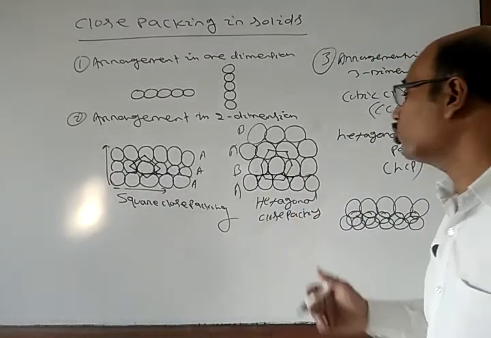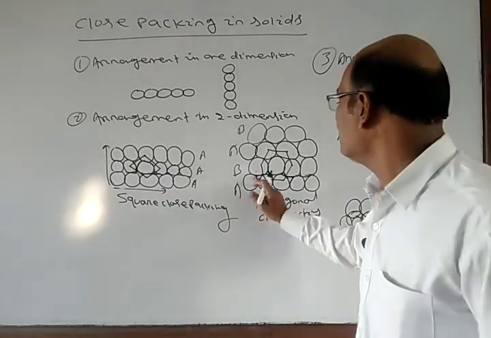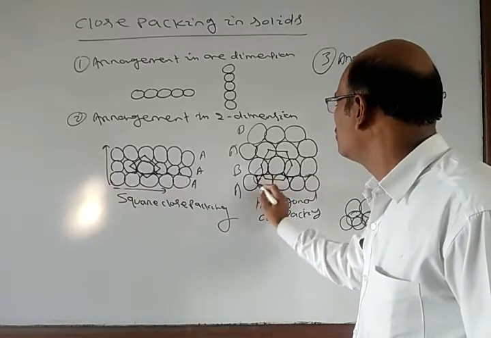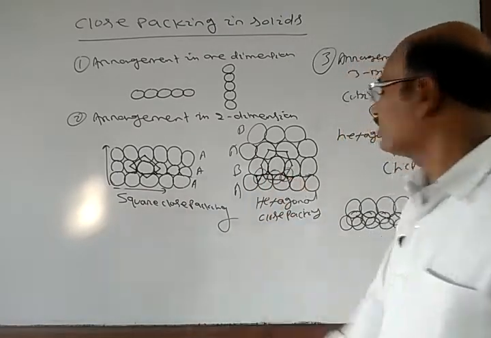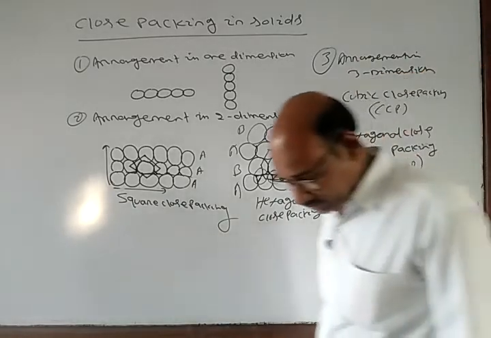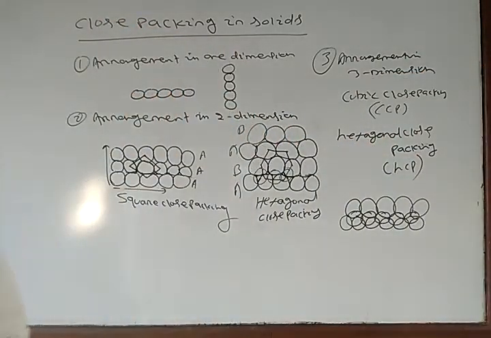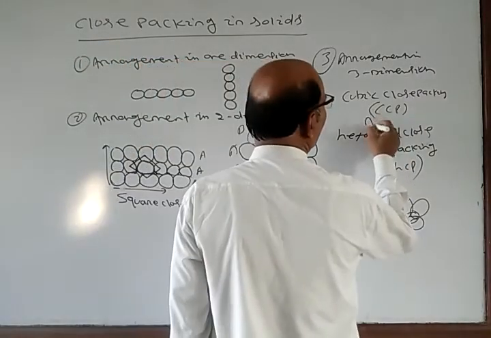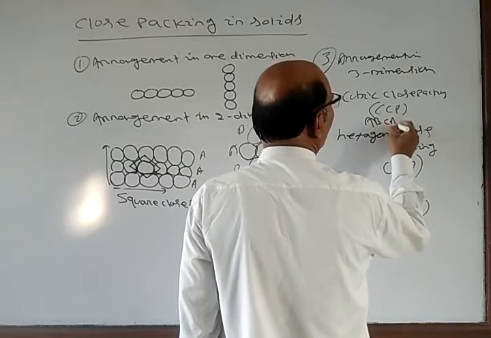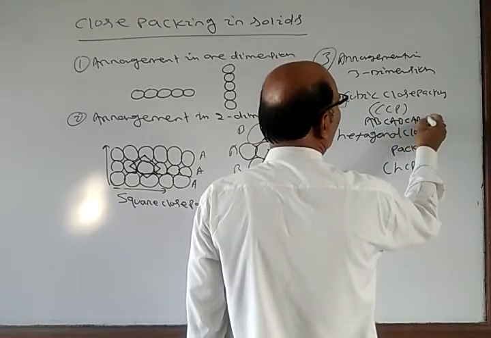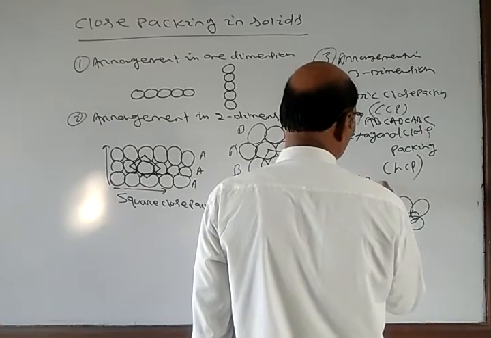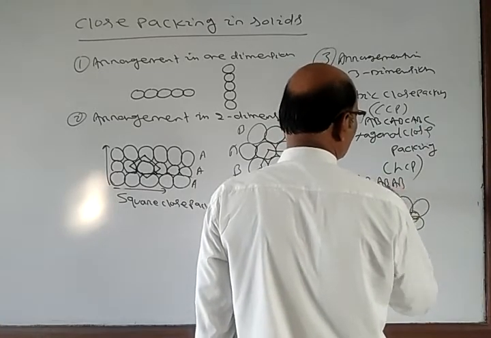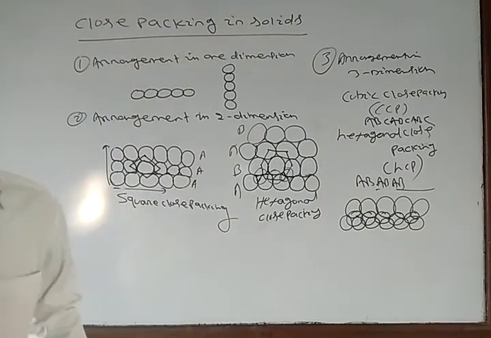Otherwise we can also go for A B C. Already A B is there, now in this vacancy you can put C, so A B C. Accordingly we will have cubic close packing or hexagonal close packing. The cubic close packing is A B C, and this is A B.